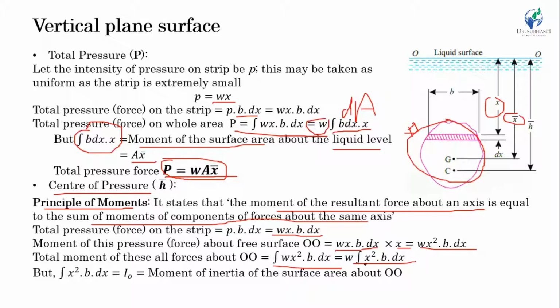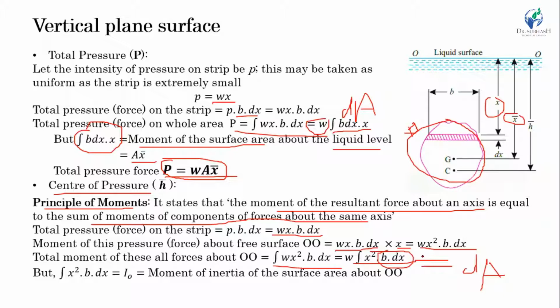Here b dx is the small area dA of the strip, and x square dA is the area times the square of the distance from the free surface of liquid.